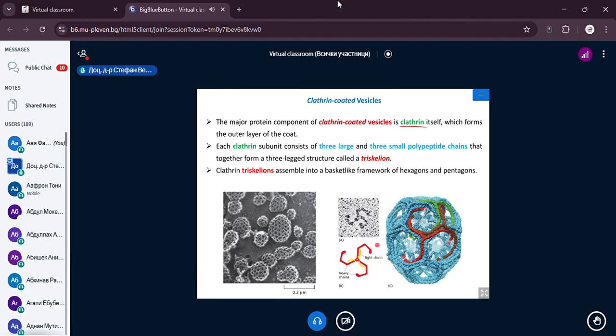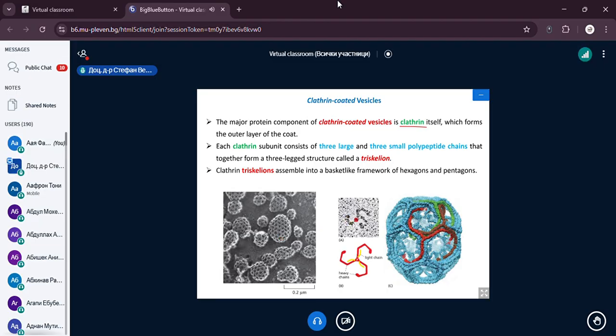And many such triskelions, this is an atomic force microscopy, are located on the surface of the vesicle and tightly attached to the surface of the membrane of this vesicle, and that's a scanning electron micrograph which shows this three-dimensional lattice of triskelions around the coated vesicle.